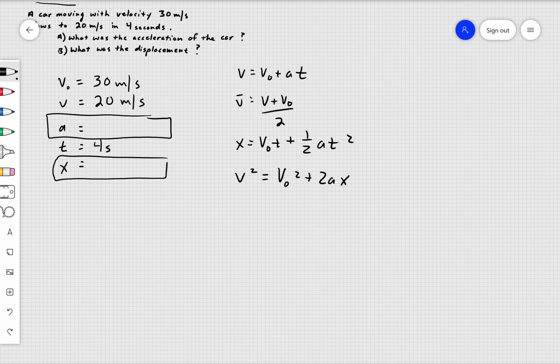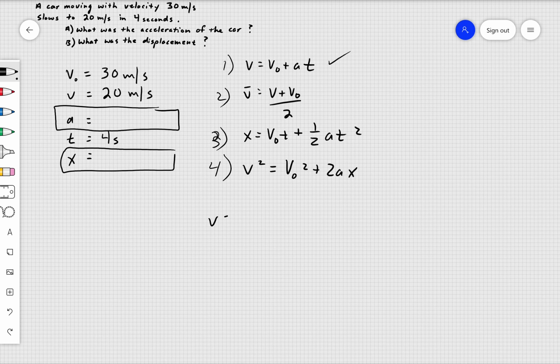If I find an equation with A, that looks like equation number 1, equation number 3, and equation number 4. So 1, 3, and 4. So looking at equation 1, here's the acceleration. Do I know V? Yes. Do I know V naught? Yes, I do. Do I know T? Yes, I do. So ding, ding, ding, we have a winner on this first equation.